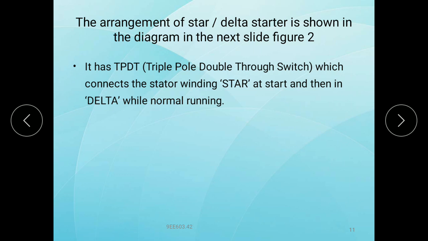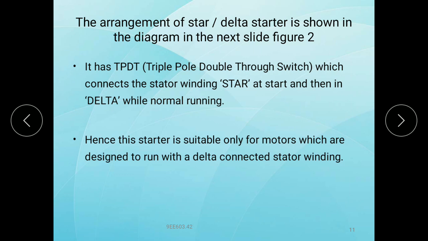It has TPDT, triple pole double throw switch, which connects the stator winding in star at start and then delta in normal running condition. Hence, this starter is suitable only for motors which are designed to run with a delta connected stator winding.